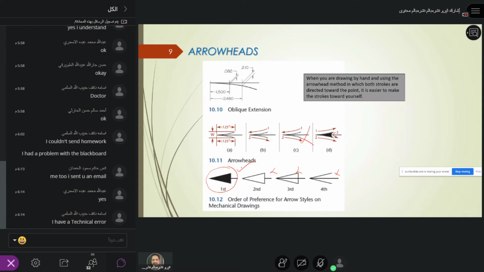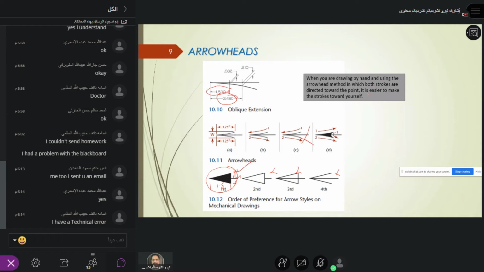When you see the approximate sizes given, this is not hard and fast, but it is better to make this usually 1.5 mm, and this usually 1 mm. Normally we do that in the industry.